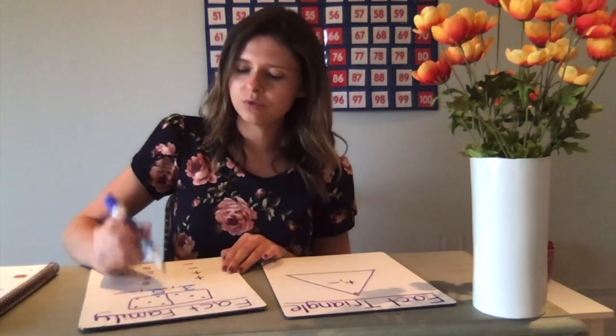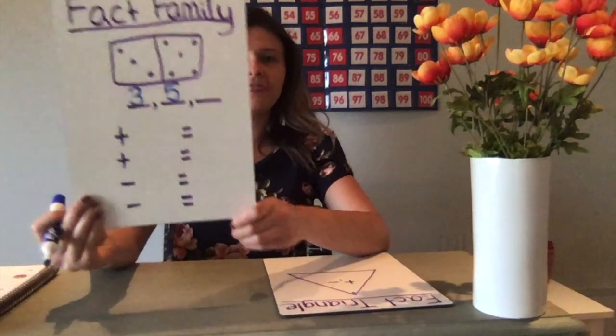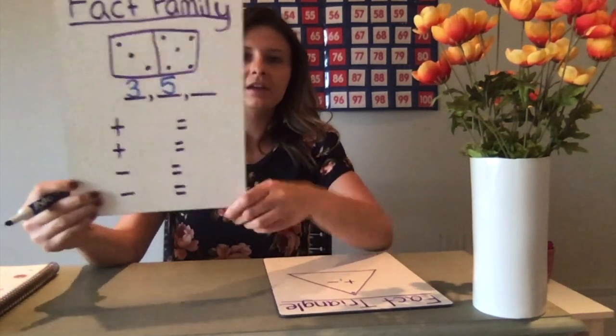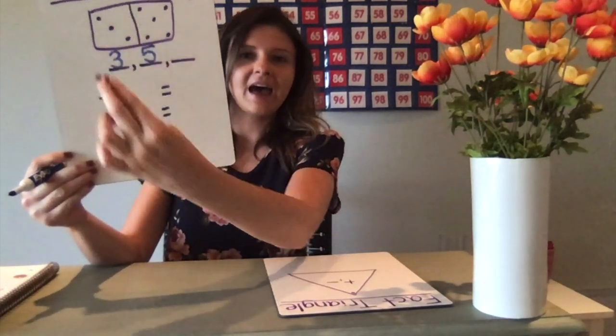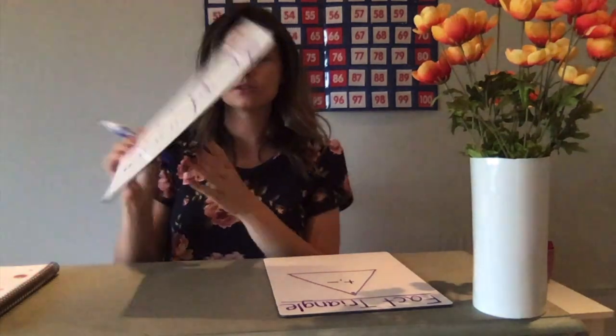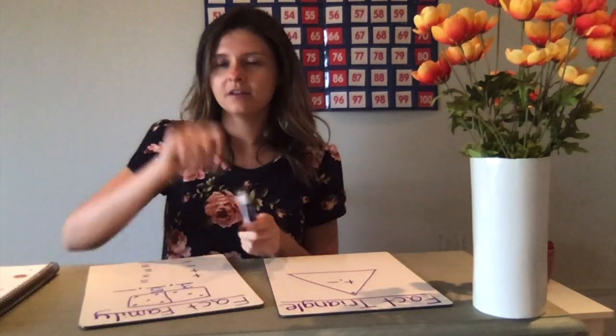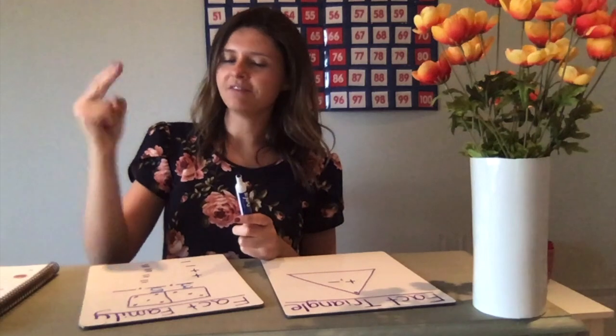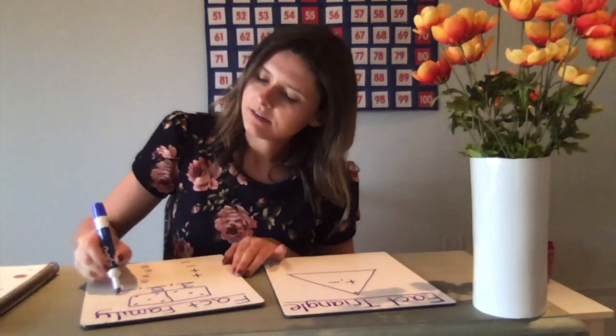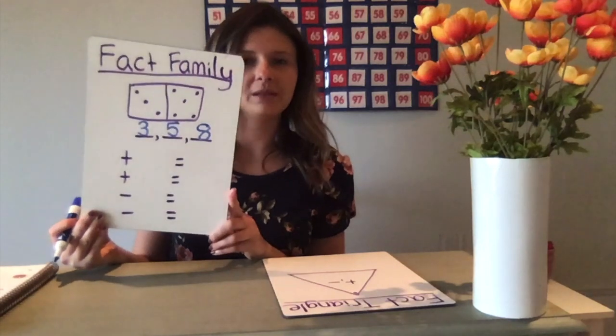So now we have 2 numbers. That third number is going to be these numbers added together. So that is going to be 5, 6, 7, 8. So I have my 3 numbers for my fact family.